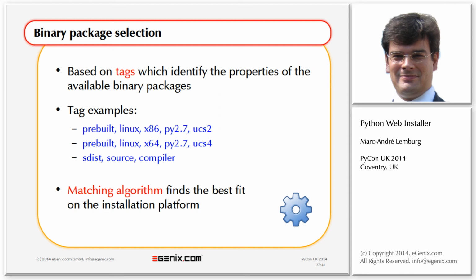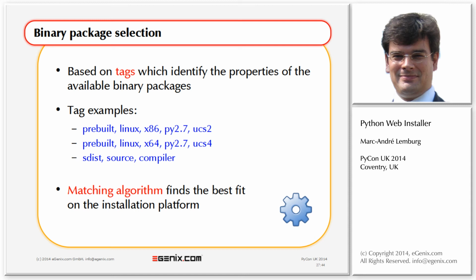Right, tagging. This is the way that we identify the platforms. So we define a few of these tags. And for each of the distribution files that we put up on the server, we define a set of these tags so that the installers can then look at that information, and then determine whether that particular file fits the installation platform. So, for example, here we have a pre-built format. It runs on Linux.